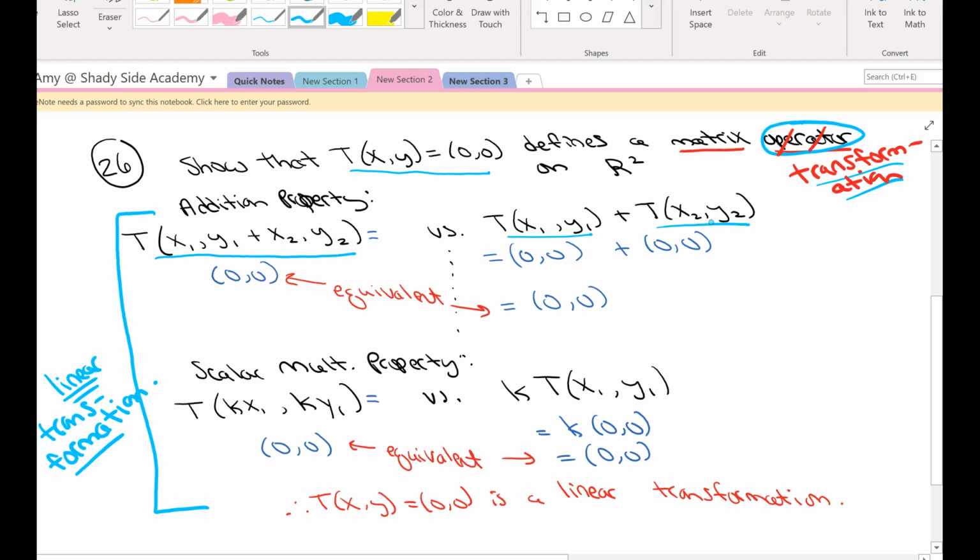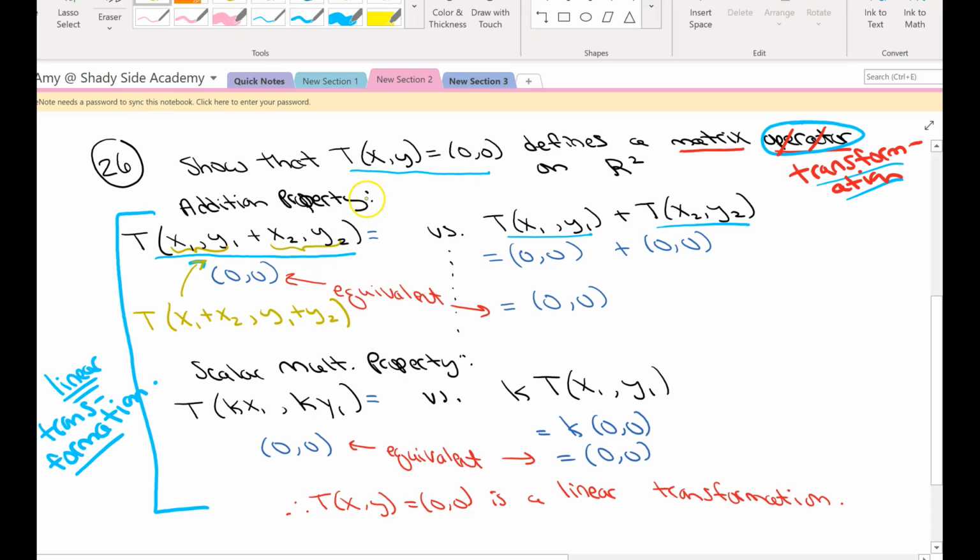Okay, now notice what you did here. When you are looking at the transformation applied to point plus point, and even if you want to insert a step in here, and some of you may want to do that, if I were to simplify one step further, it becomes the transformation applied to x1 plus x2 comma y1 plus y2, because that is the result of adding one vector or ordered pair to another vector or ordered pair, okay?